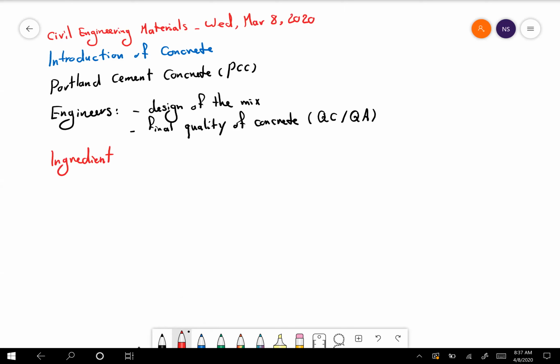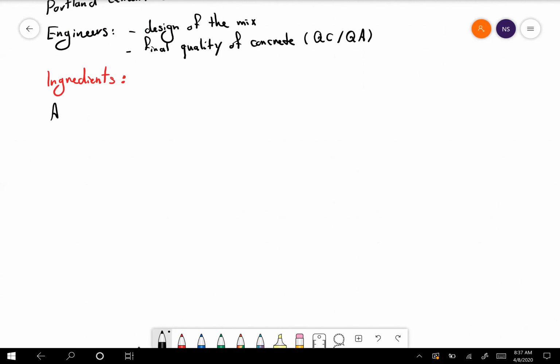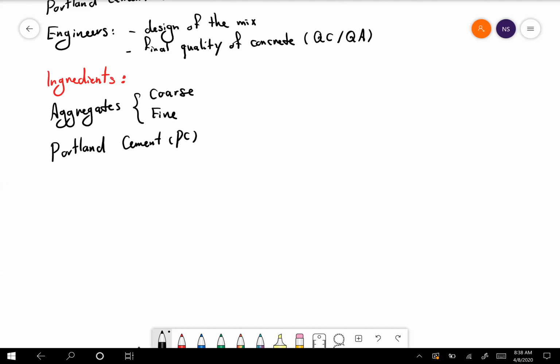We talked about this before, that the major ingredients of the concrete are basically aggregates, which are fine and coarse aggregates, and then we have Portland cement, or PC, and then we have water and chemical admixtures.